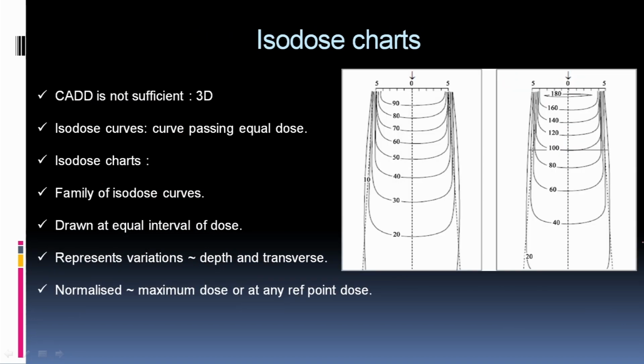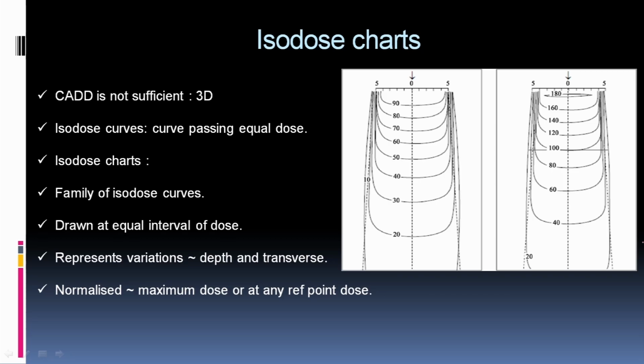Now, from this calculation, they are basically very basic calculations in radiation oncology. As you can see, we have defined only the central axis dose distribution along the central axis, but this central axis depth dose distribution is not sufficient for accurate planning or to see the dose distribution in 3-dimensional, because we treat the 3-dimensional volume or 3-dimensional target volume.